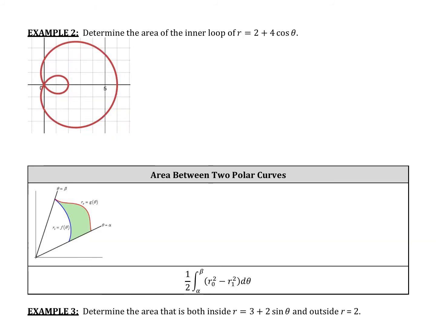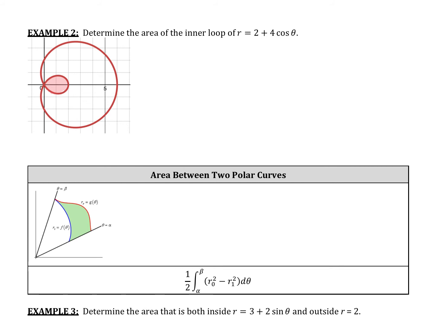Okay, let's look at an example. This first example says that we want to determine the area of the inner loop of r equals 2 plus 4 cos theta. The inner loop that we are going to find the area of is right here.